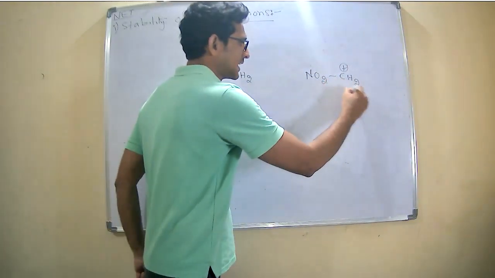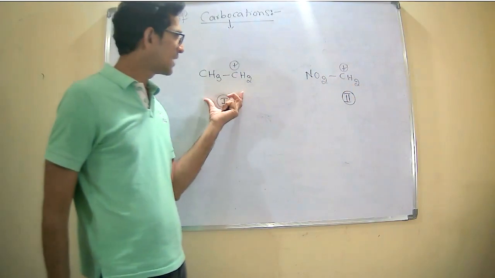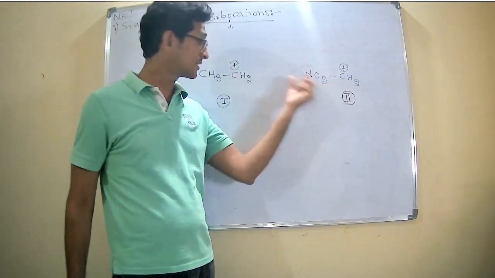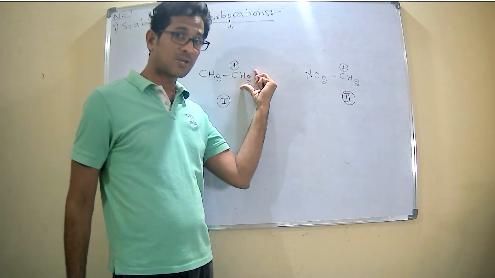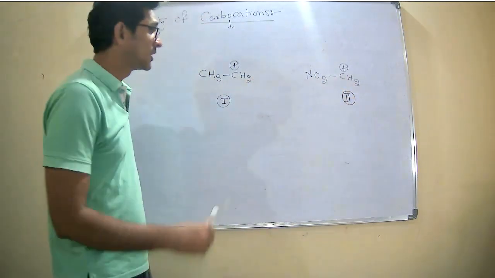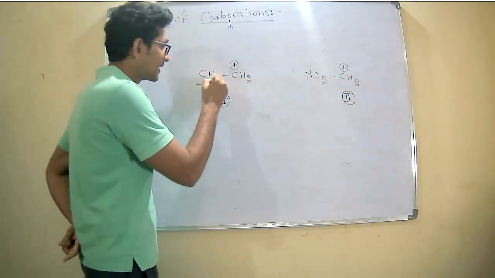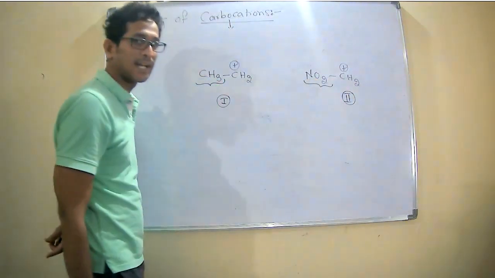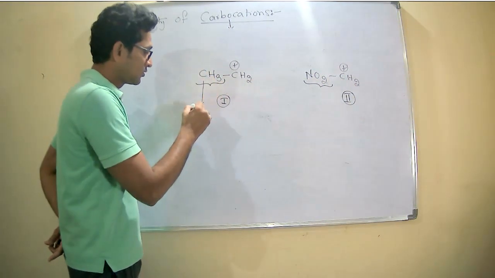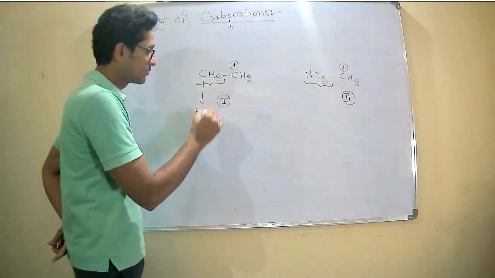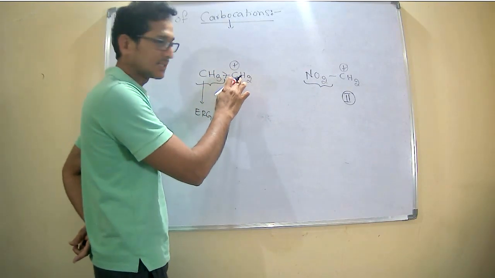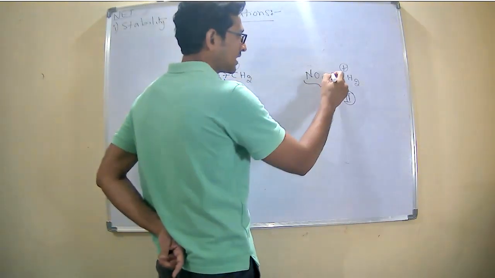This is given as 2. Among compounds 1 and 2, which is the more stable carbocation? That will be decided by the group attached to the carbocation. The methyl group is an electron releasing group, so it provides electrons to the carbocation and it will be stabilized. The nitro group, what happens?